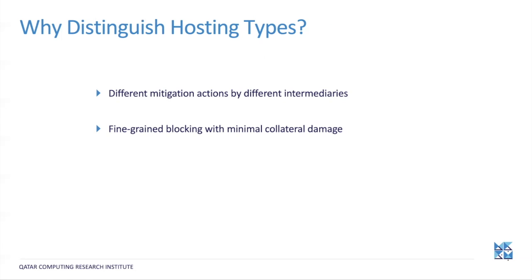It also helps us to perform fine-grained blocking with minimal collateral damage. If it is an attack domain, one would probably want to block at the apex level. If it is a compromised domain, it is prudent to block at the subdomain level.